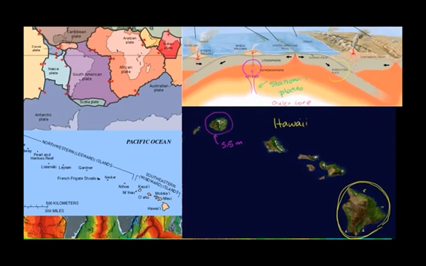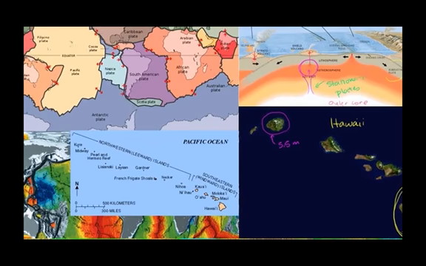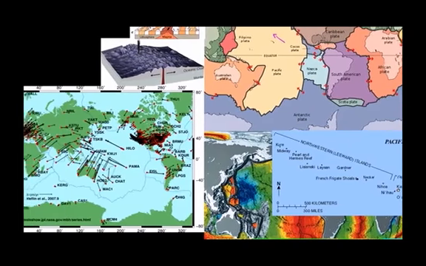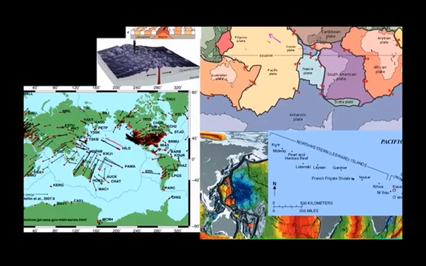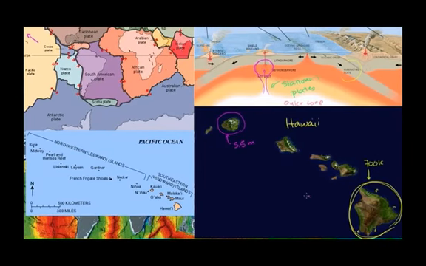Now, the oldest rock we've observed on the Big Island is about 700,000 years old. We also know that the Pacific plate, you could look at this diagram right over here, is moving in this general direction. In fact, we know it from GPS measurements. It's moving exactly in the direction that the Hawaiian Islands are distributed in.